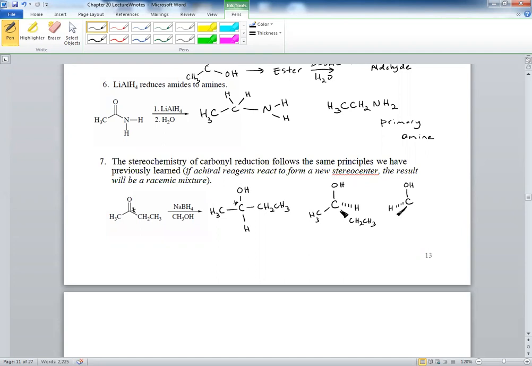But let's just draw the reflection here. It's not going to be easy drawing the CH2, CH3, but we'll do our best. So these are the pair of enantiomers. And we know if we have a pair of enantiomers, we have something called a racemic mixture.